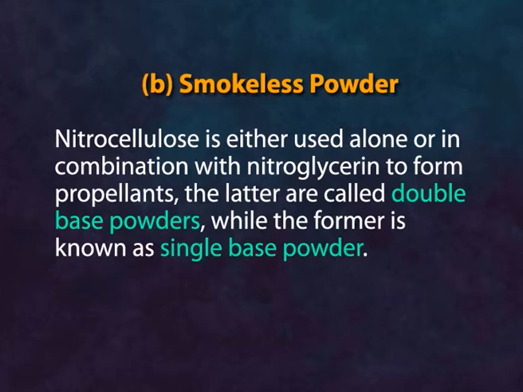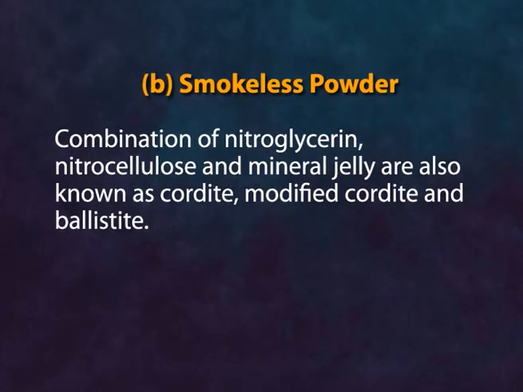The latter are called double base powders while the former is known as single base powder. Some of the double base powders that are commonly used contain nitroglycerine, nitrocellulose and mineral jelly, also known as cordite, modified cordite and ballistite.